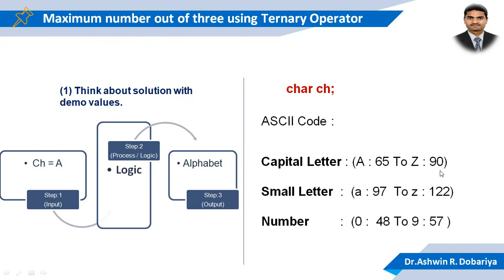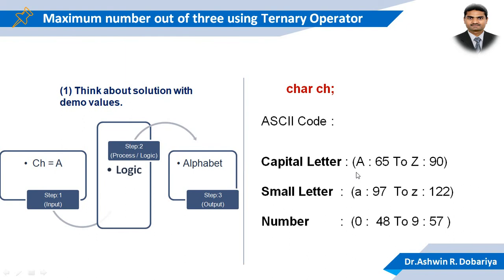This is the fixed, predefined ASCII code in a programming language. Whenever we input any character, actually we have entered a character, but internally the compiler considers the appropriate ASCII code. Suppose your input value is capital A, then internally it is considered as 65.